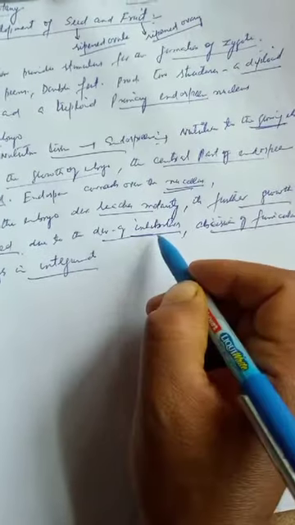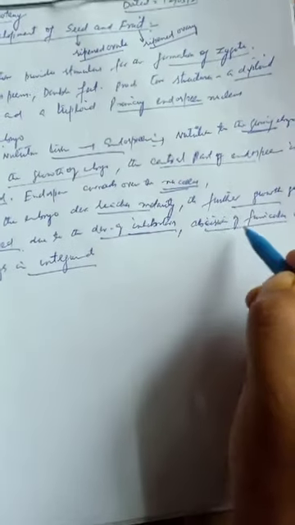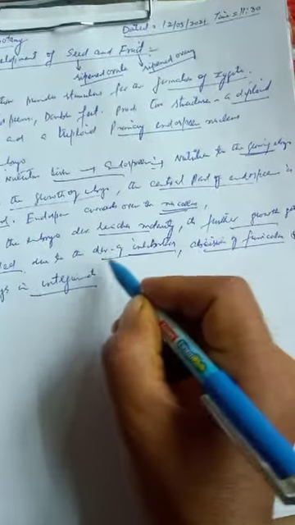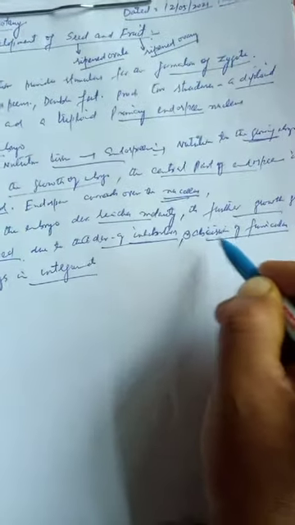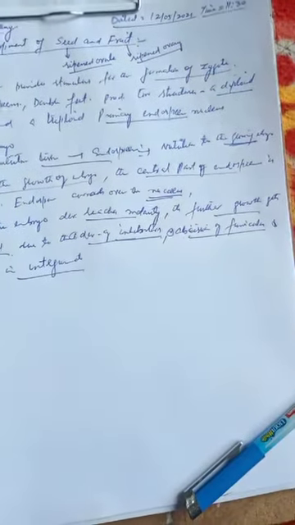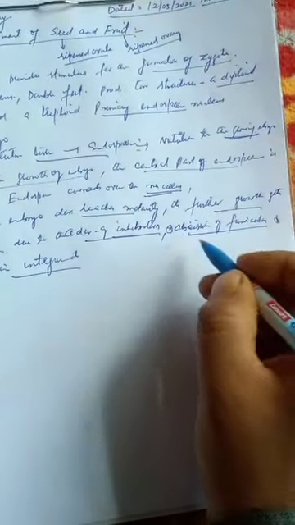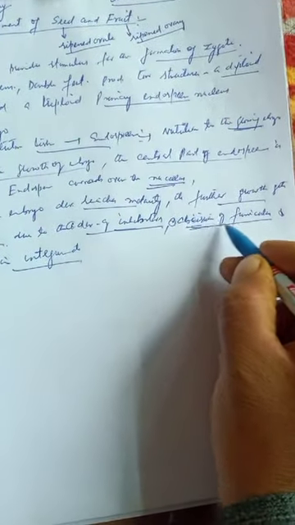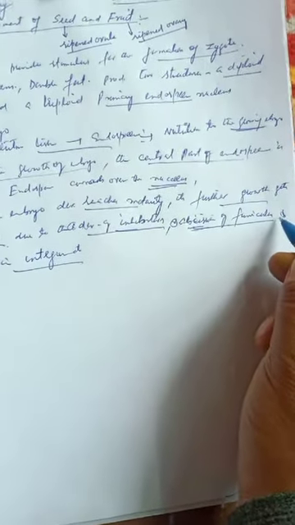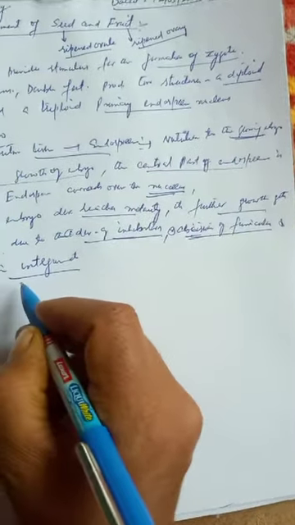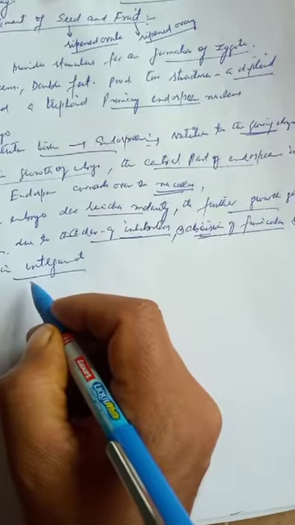Number first, the development of inhibitors. Number second, abscission of the funicle, through which it was getting food from the ovary; it gets cut from the body of the ovule. And number third, change in the integuments.